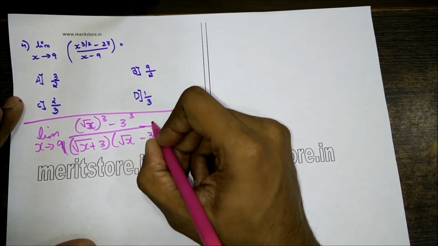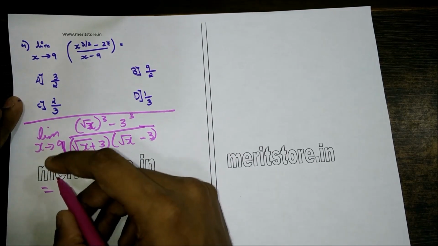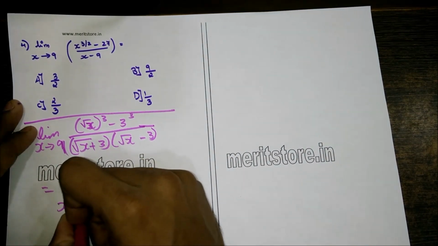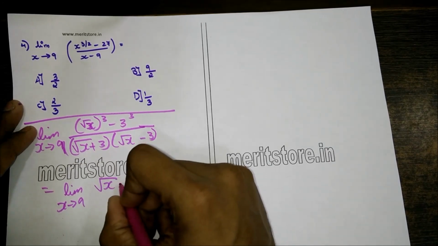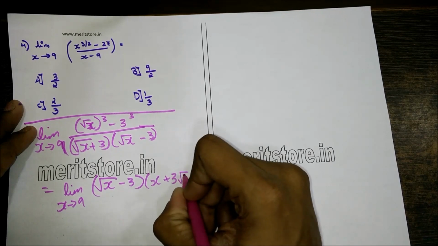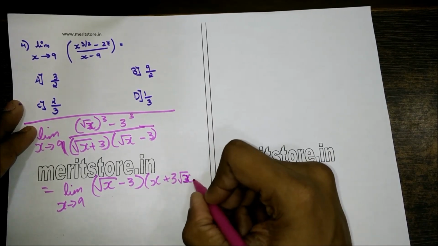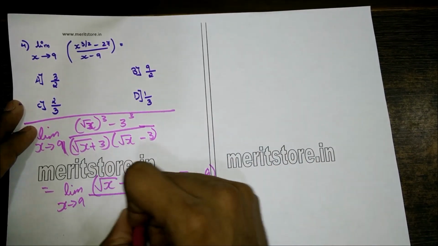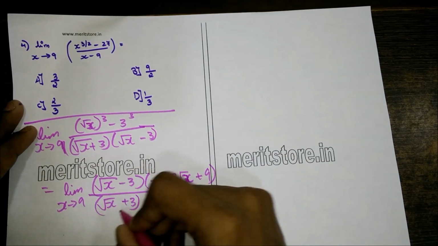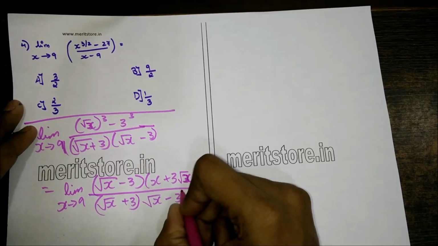We could write this as limit of x tends to 9, (root of x minus 3) into (x plus 3 root x plus 9) upon (root x plus 3) and (root x minus 3).